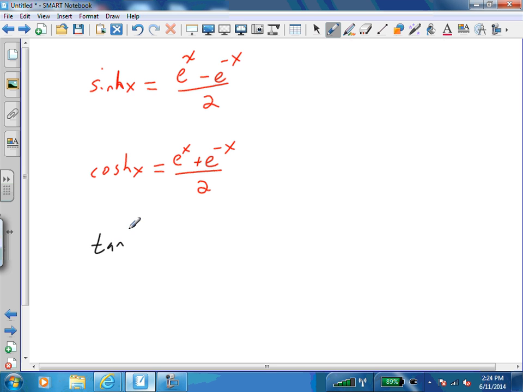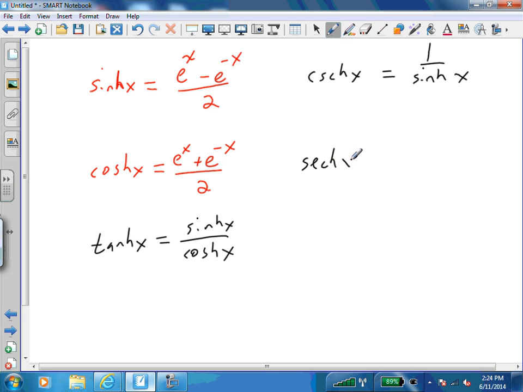Hyperbolic tangent is just sinh divided by cosh, or hyperbolic cosine. Hyperbolic cosecant is still the reciprocal of hyperbolic sine. Hyperbolic secant is still the reciprocal of hyperbolic cosine, and hyperbolic cotangent is the reciprocal of hyperbolic tangent.